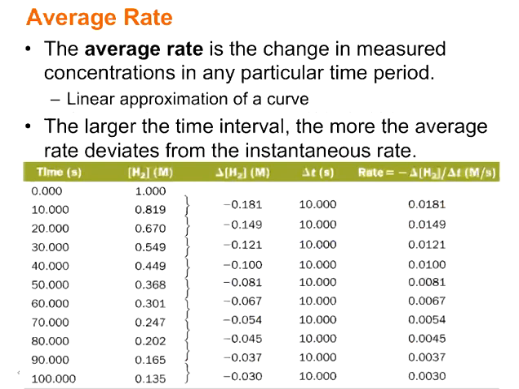And what we can do is take the difference. So you'll notice here, we're taking the difference in the initial concentration of hydrogen over a second concentration of hydrogen. And then we're also going to divide that by the time difference, which is just 10 seconds, 10 minus 0.